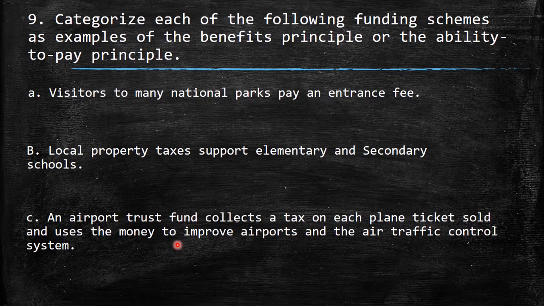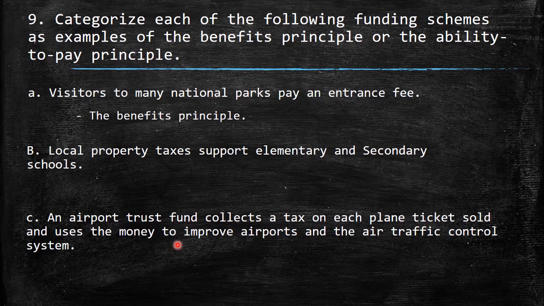Then the ability to pay principle is basically that even if you don't directly have the benefits from this good or service, you need to pay just because you have a higher income than other people, in order to support this service. Then the first one, visitors to many national parks pay an entrance fee, so it will be the benefit principle. Why?